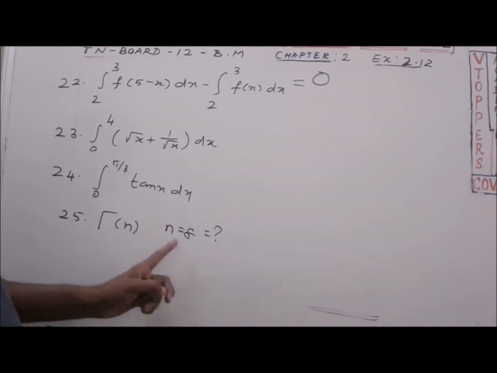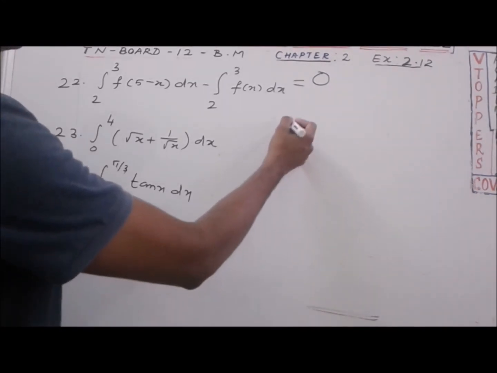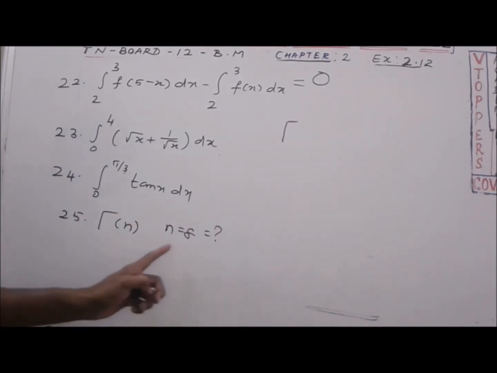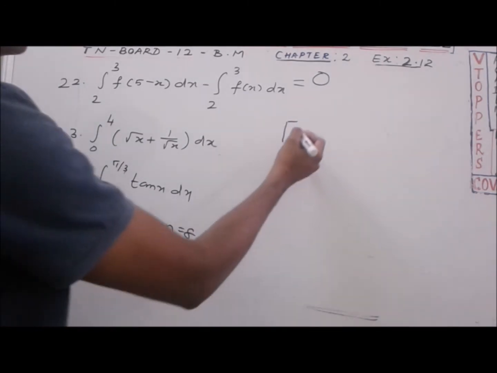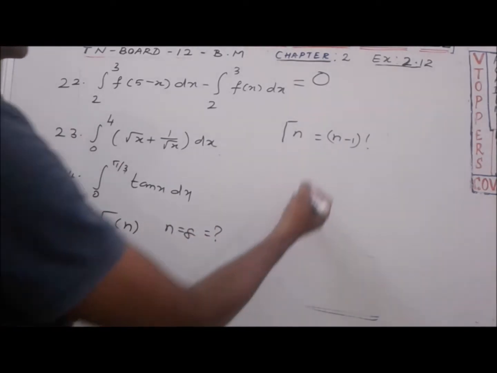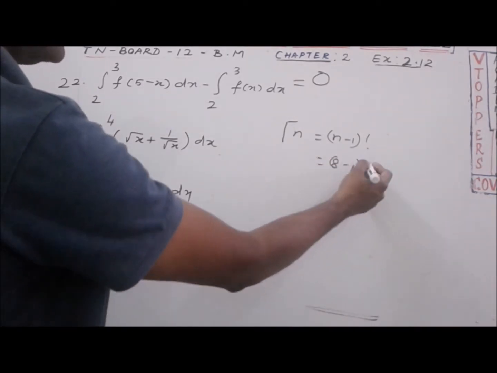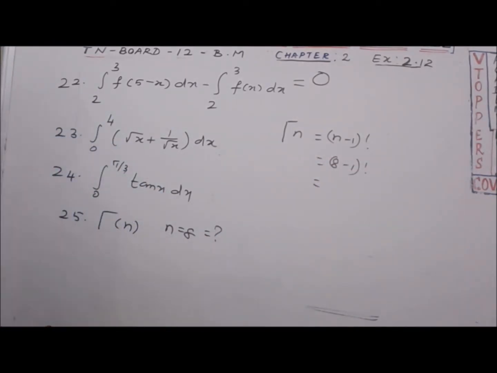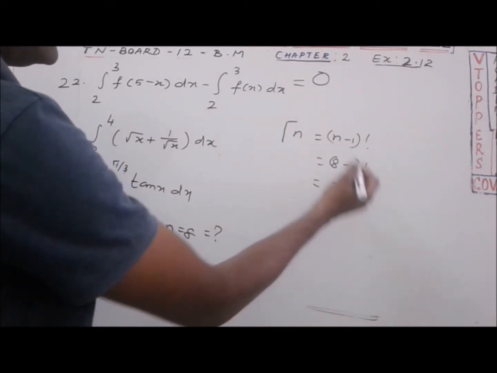Gamma of n when n equal to 8. Find gamma of n when n equal to 8. We have the formula. So substituting 8 here, 8 minus 1 factorial, that is equal to 7 factorial.